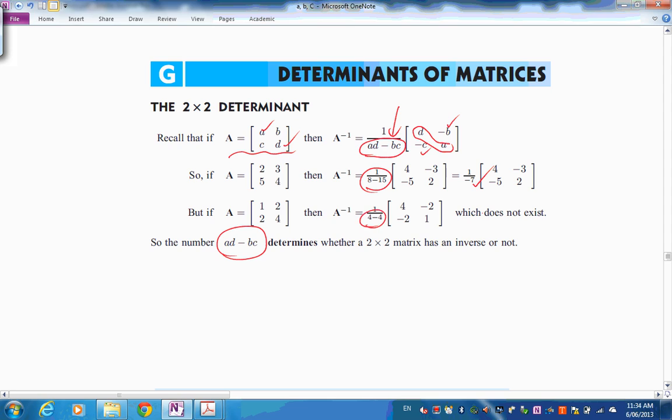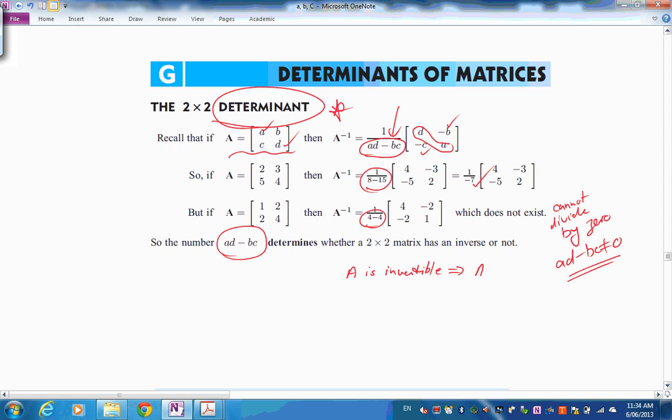If it comes to 0, you can't divide by 0. Cannot divide by 0. So AD take BC cannot be 0 for an inverse to exist. Okay, so we've got what's called a determinant. It determines whether you're going to be able to find the inverse. So if A is invertible, that's one way, it implies it's got an inverse.